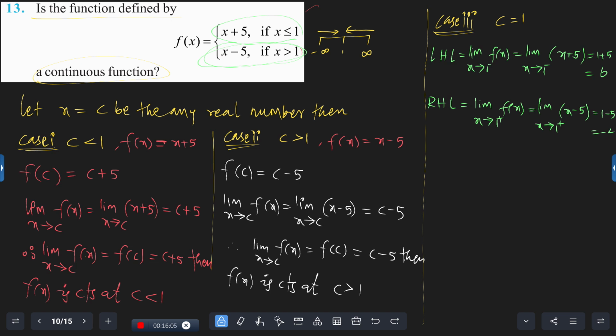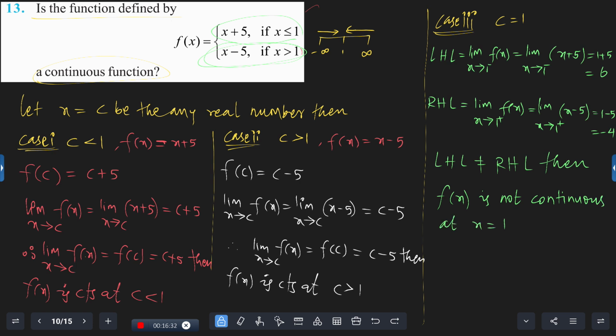Different answer. 6 and minus 4 is a different answer. So left hand limit and right hand limit are not equal. Then f of x is not continuous at x is equal to 1.